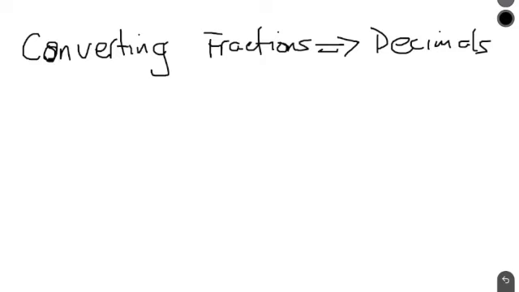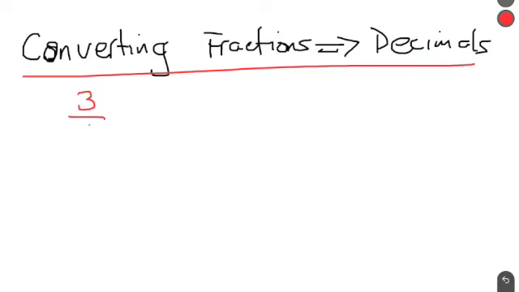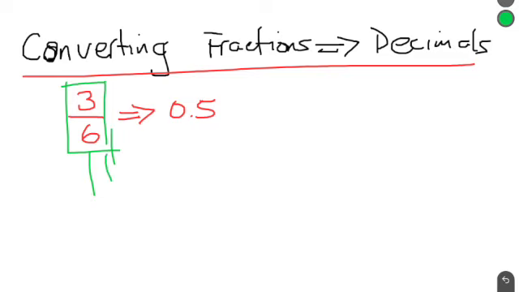In this video, we will be reviewing how to convert fractions into decimals. How do we convert a term, such as 3/6, for example, from 3/6 to 0.5? The approach here is that we take our fraction and treat it like a regular division problem.